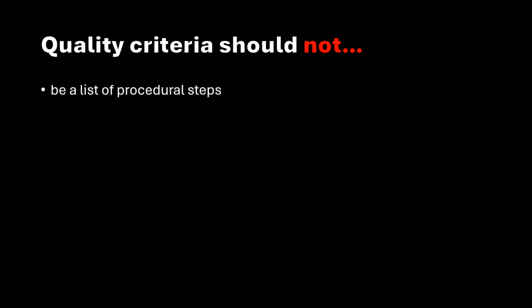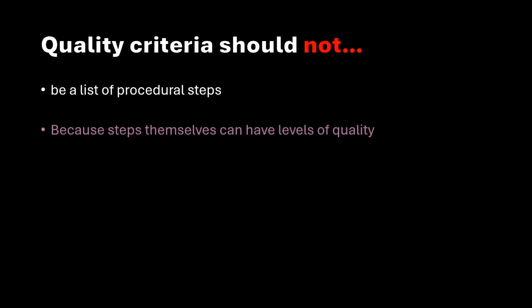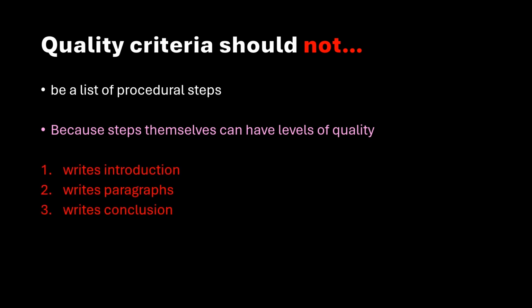We also don't want to see successive criteria describing steps in a process, because obviously each of those steps themselves has different levels of quality. So a classic one you see for essay writing, obviously that's no good because introductions, paragraphs, and conclusions can all individually be performed at various levels of quality.